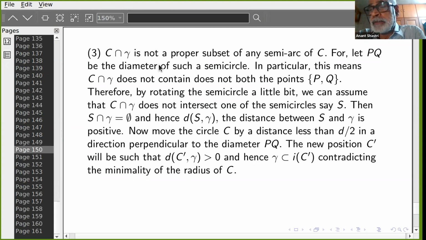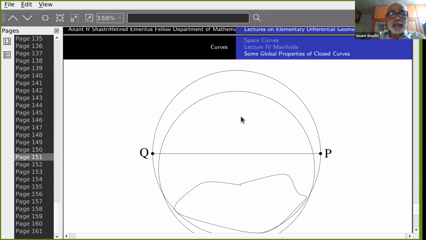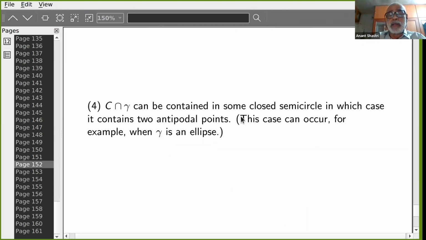Please go through that. For the ellipse, there are exactly 4 vertices. Easy proof, elementary computation. You have to parameterize the ellipse, a cos theta, b sin theta, whatever, and compute it. All right. So it can happen. We can't exclude that case, but it cannot have one single point.